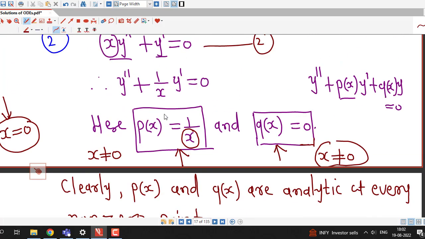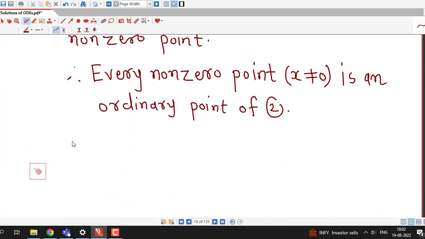Now p(x) is not analytic at x equal to 0, therefore x equal to 0 is not an ordinary point, and so we can say that x equal to 0 is a singular point.